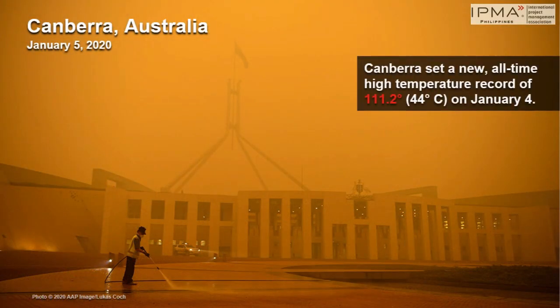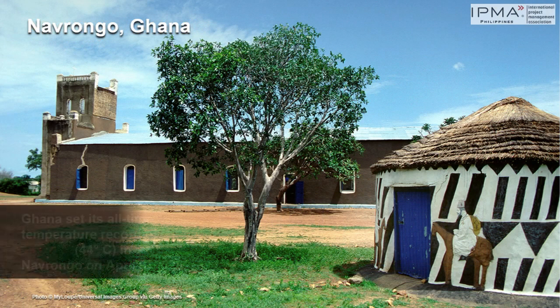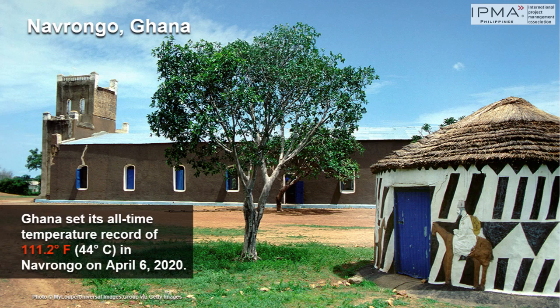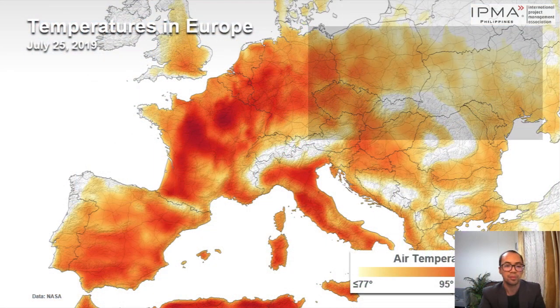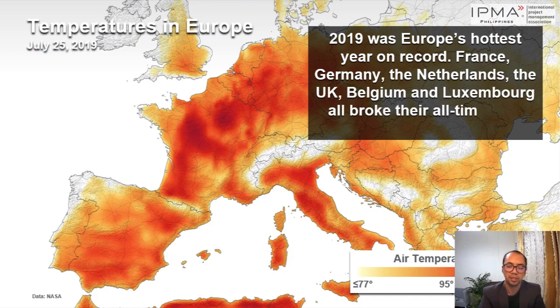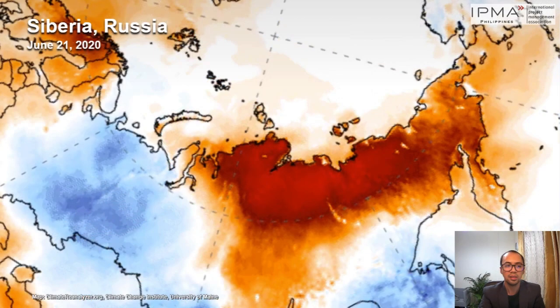Because if we are not going to meet that 1.5 degrees Celsius, there will be a lot of atmospheric temperature rise. Such as in Australia, which has recorded the highest temperature of all time in their area, as well as in Ghana, in Europe in 2019, then in Siberia.